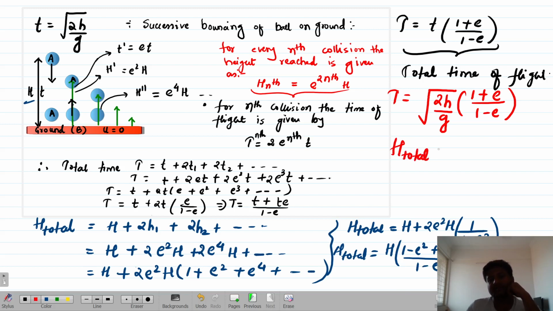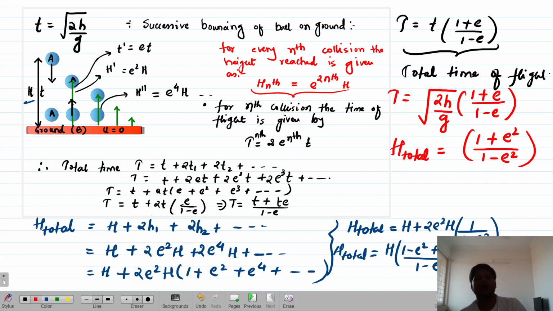So the total height after which the ball stops is h times (1 plus e square) by (1 minus e square). That's your relation. That is your total height. Are you able to get me?